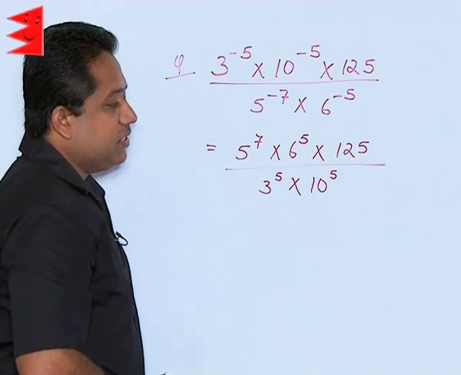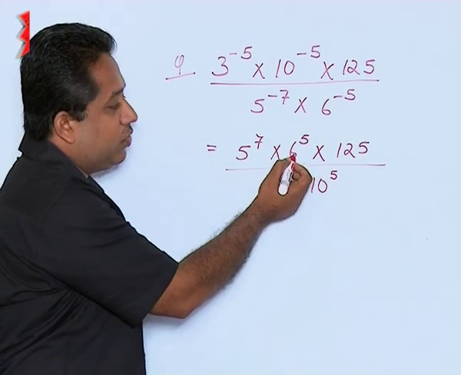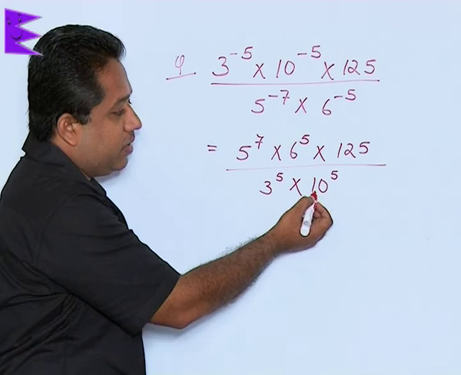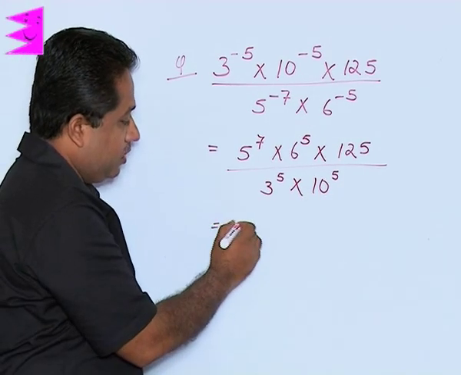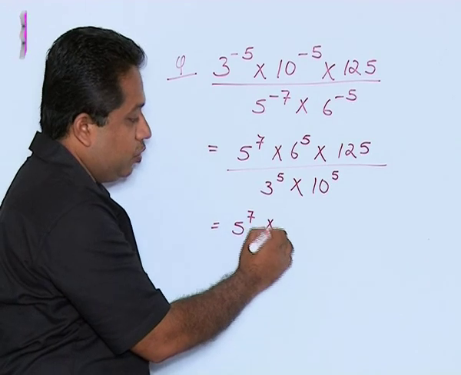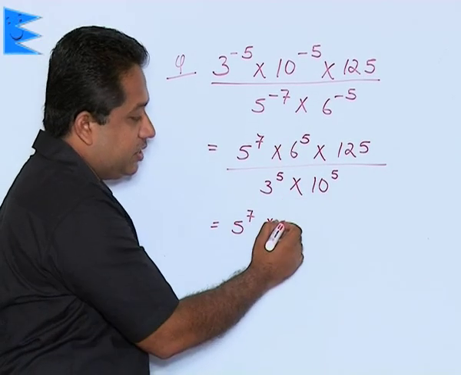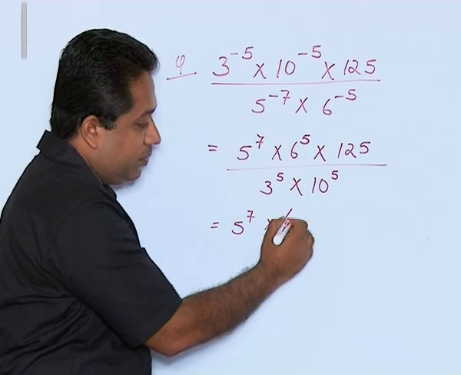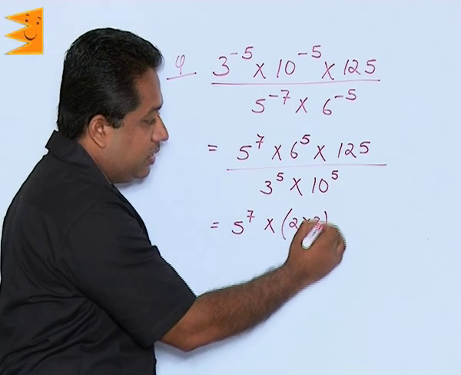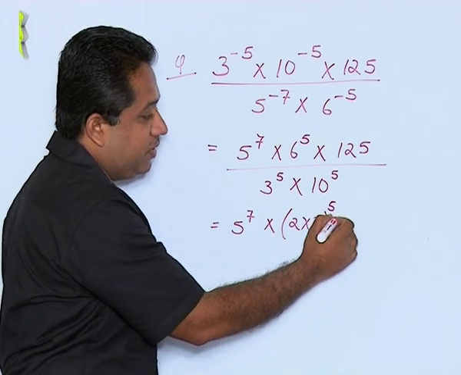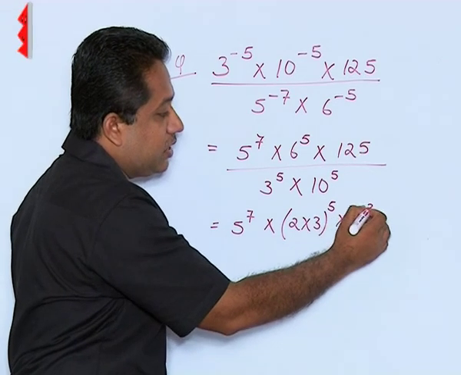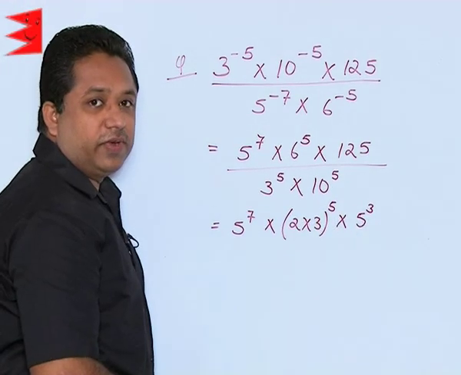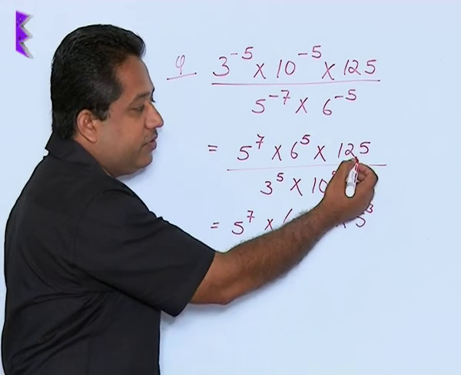Now we will break up this 6 into 3 and 2, and we can break up this 10 into 5 into 2. So this will become 5 to the power 7 into, we can break the 6 into prime factors, so that will be 2 multiplied by 3 raised to the power of 5, into this 125 I can write as 5 to the power 3, because 5 into 5 is 25 and 25 into 5 is 125.